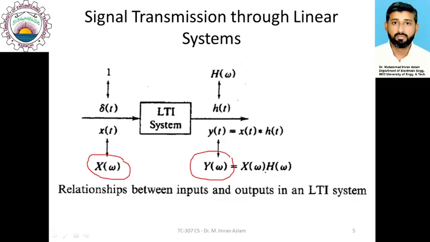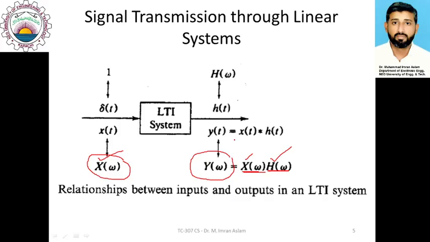This output is calculated by simple multiplication of X and H, where H is the frequency response and X is the transform of the input signal.